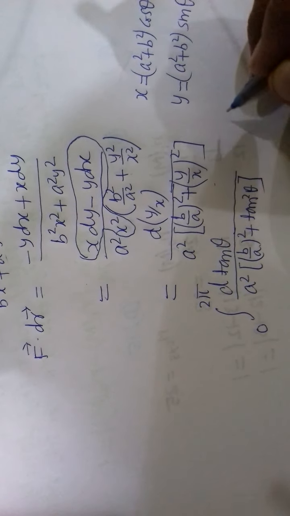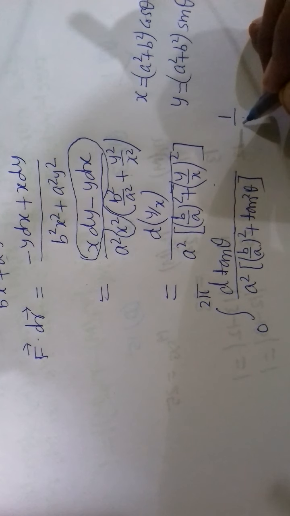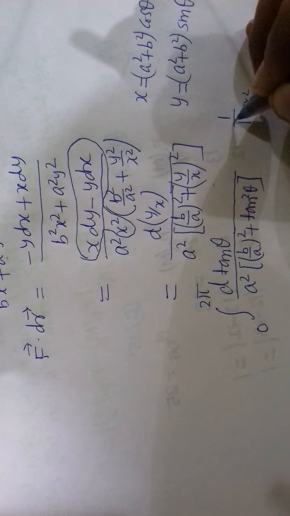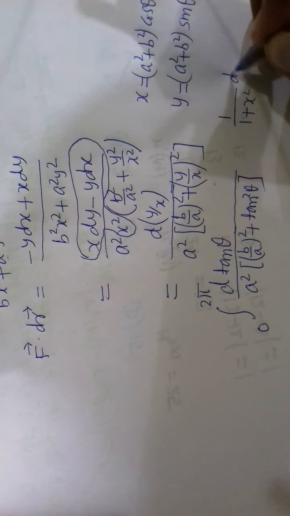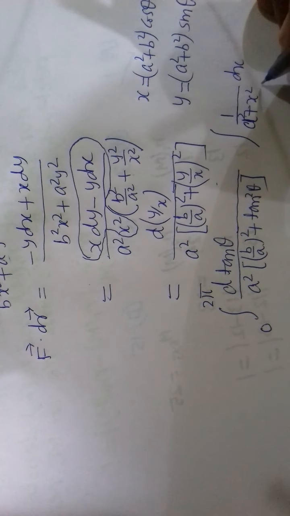Now we use the formula integral of 1 by (1 plus x square) dx, or 1 by (a square plus x square) dx, that equals to 1 by a tan inverse x by a.